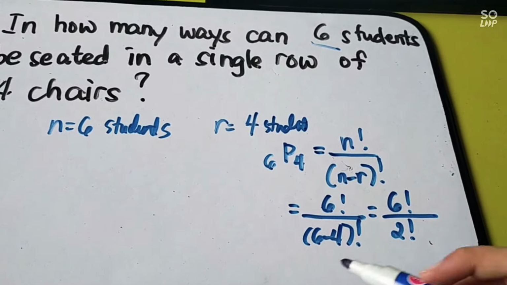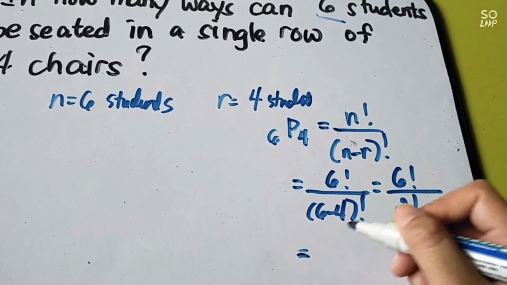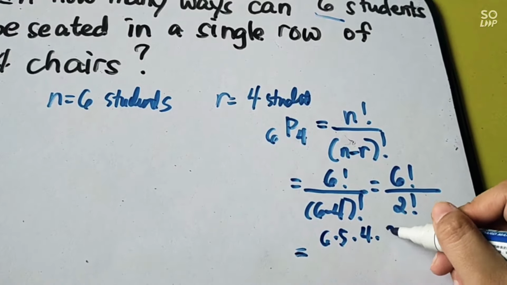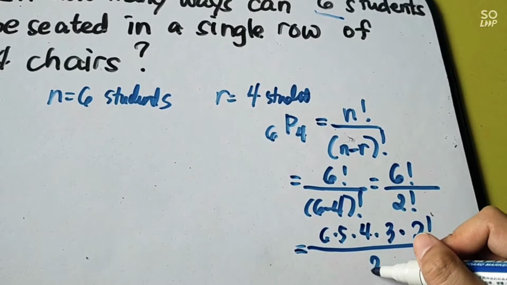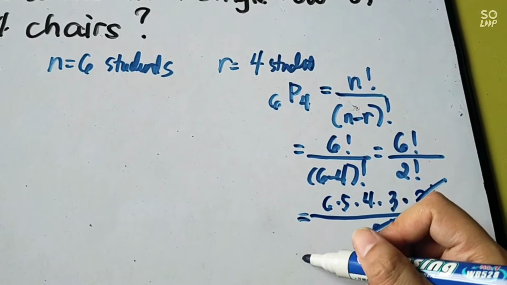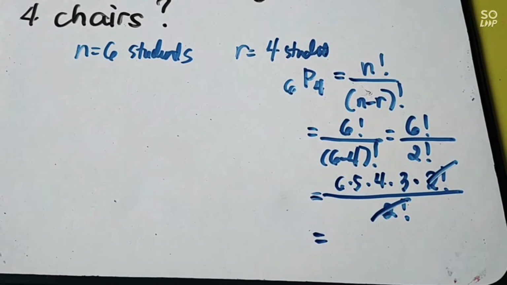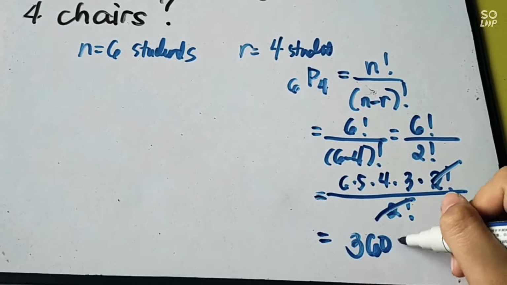Yan. Why 2? 6 minus 4 is 2. Then, simplify. You have 6 times 5 times 4 times 3 times 2 factorial over 2 factorial. Cancel 2 factorial. It left 6 times 5 times 4 times 3. The answer here is 360 ways.